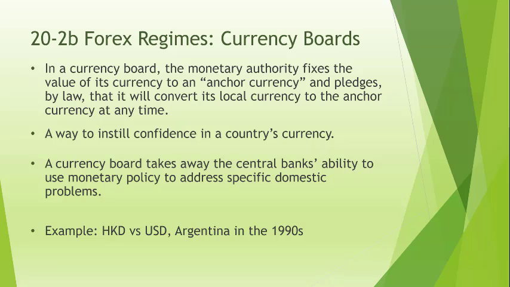And really, it ties the central bank's hands, because the central bank and the currency board are usually the same thing, and it basically means that whichever country you're talking about is pretty much tied in terms of what it can do monetarily.